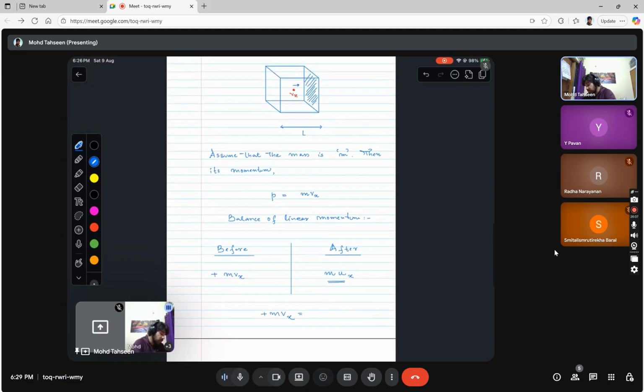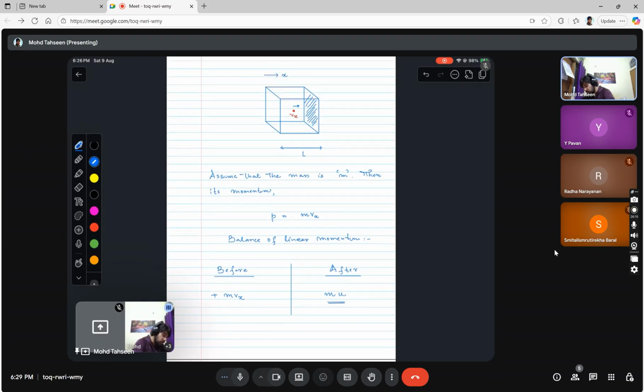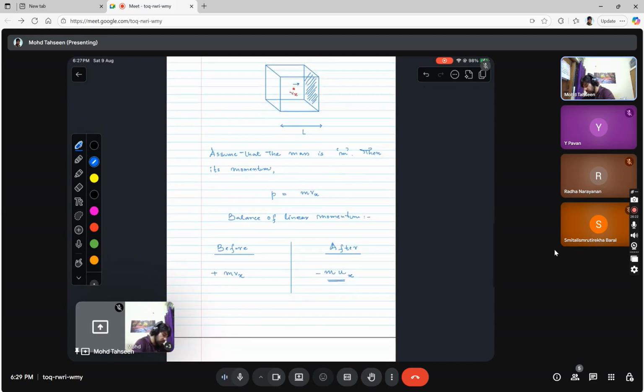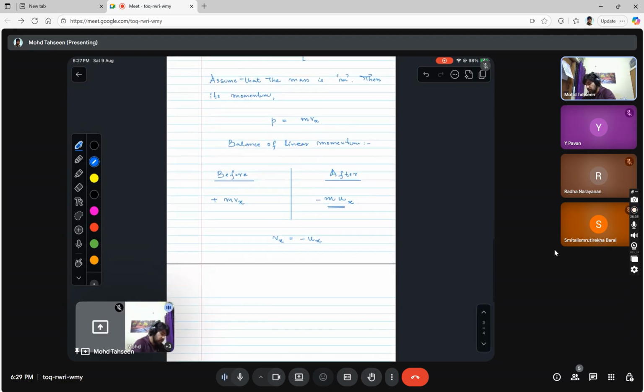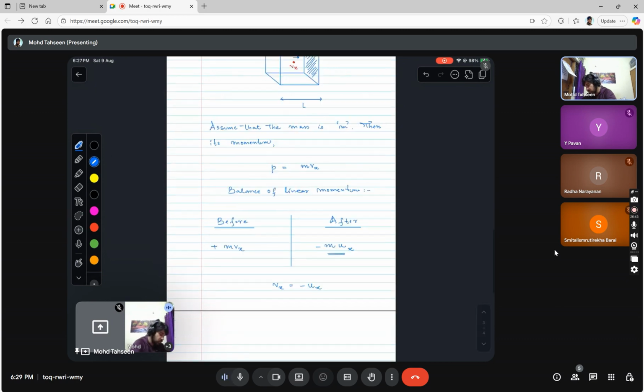The balance of linear momentum says that the total momentum of the system is conserved. Now, this velocity will point in the other direction, right? Because it's getting reflected now. So from these two equations, I get that v of x is equal to minus u of x. Okay, so basically in magnitude they will be the same, but opposite in direction. That's what it tells us.